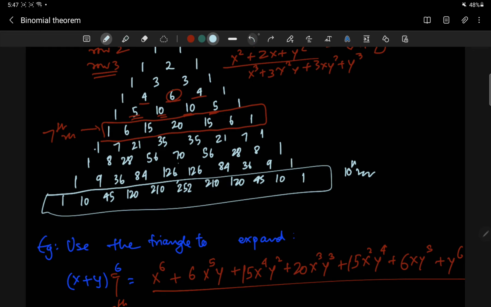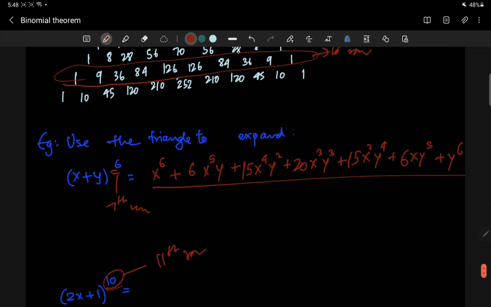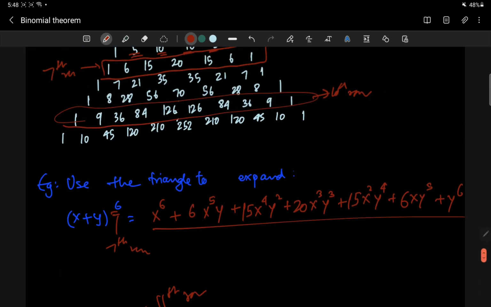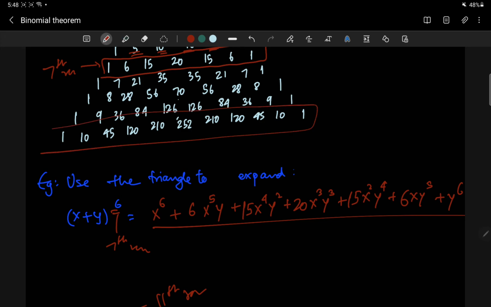Oh, I'm so sorry. I didn't need to do that. The 10th row is over here. Forgot how to count. That's the 10th row. Oh, but we're finding power 10. Oh, disaster. We're finding power 10, so it has to be the 11th row. So I did do what was needed.